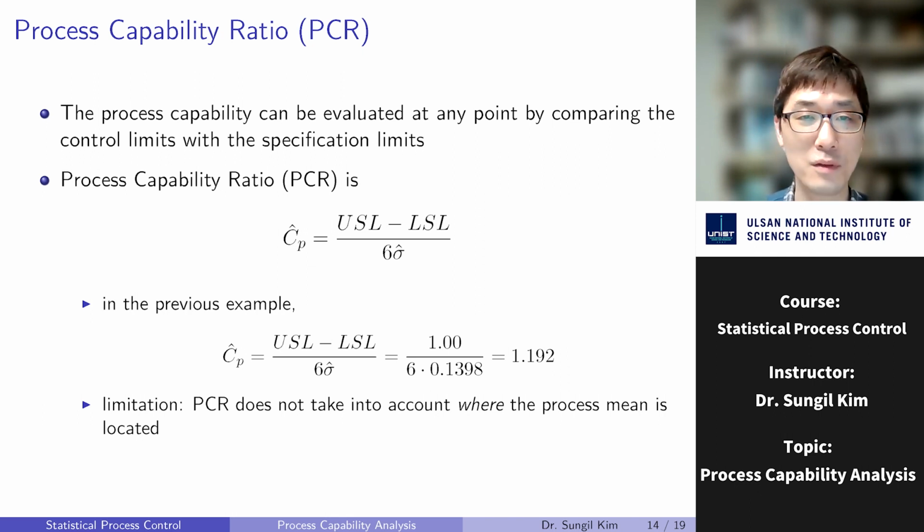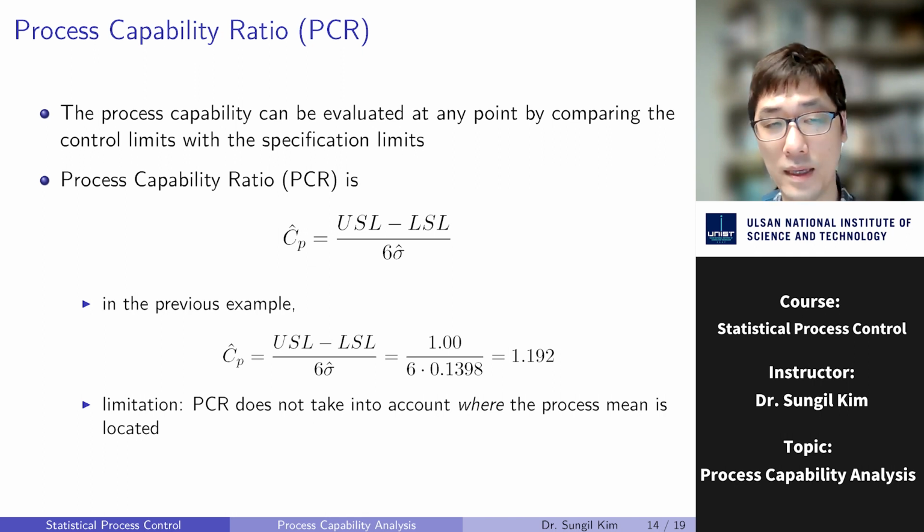The difference of control limit is 6 sigma hat here if we consider 3 sigma limit. So in the previous example, if we plug the estimated values into the formula, then we can obtain the PCR to be 1.192.